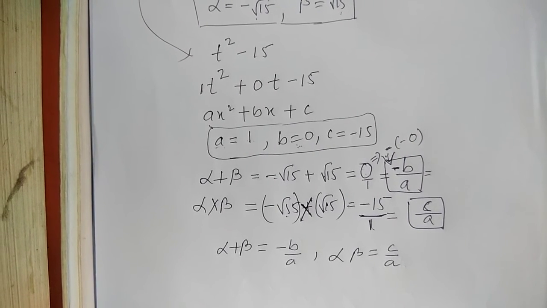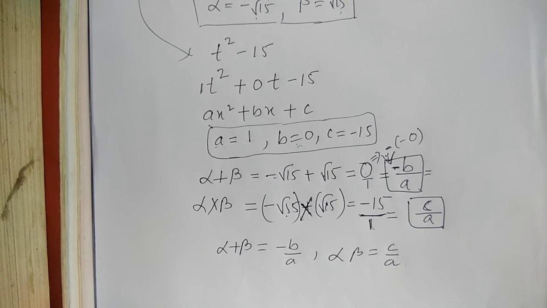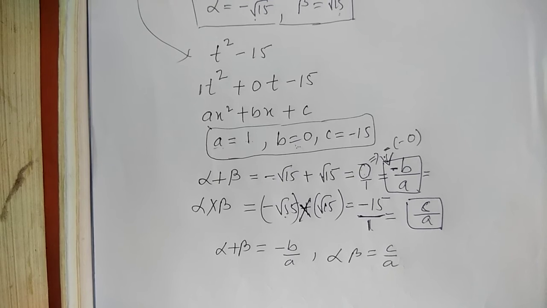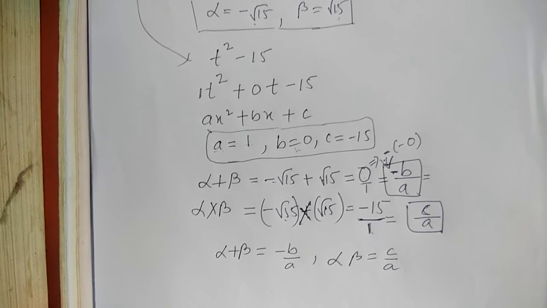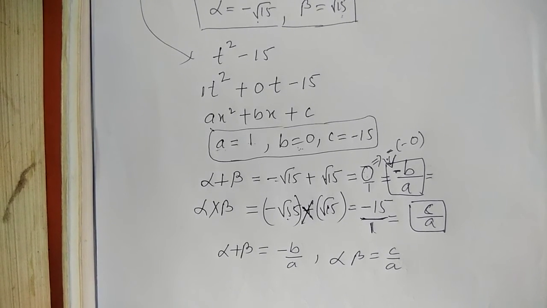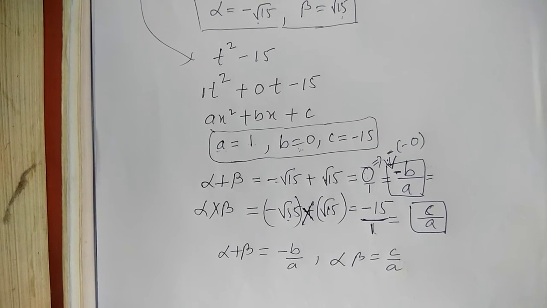Very important topic for 10th class, SSC and CBSE also. This type of problems they always ask in the exam. So you perfectly practice this, take some more examples and solve like this. First you have to find the coefficients. Then you have to factorize the quadratic polynomial. Then after factorizing, find roots.